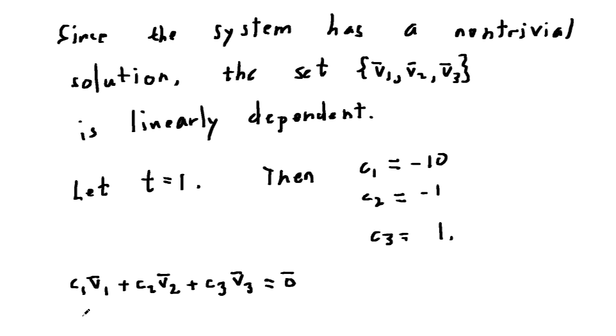Plugging in the values for C, we get minus 10 V1 minus V2 plus V3 equals 0. So this vector equation here is true, and therefore we have a linear dependence relation between the vectors v1, v2, and v3.